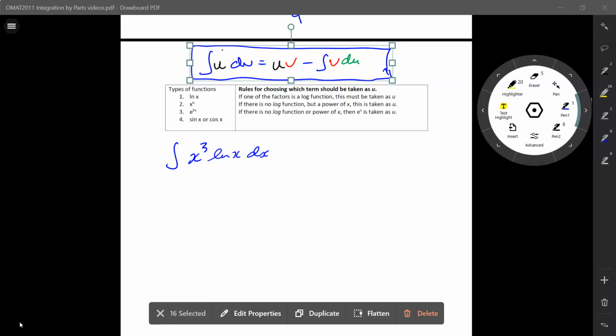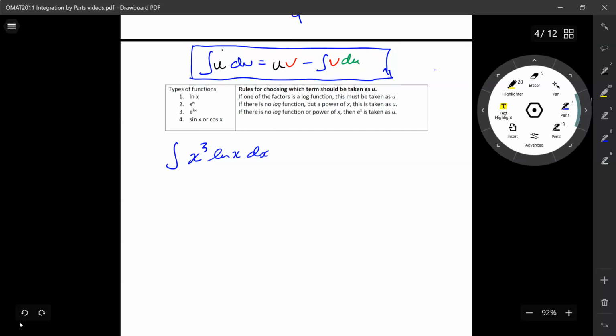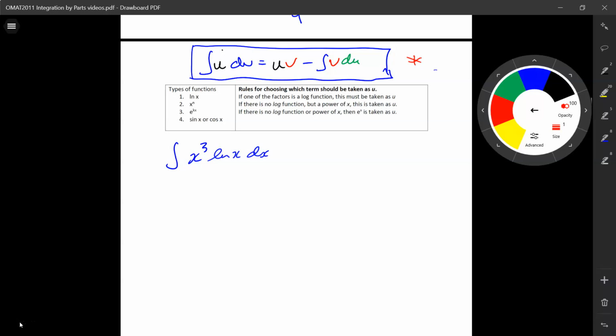This is the last question which we'll do of this type. And basically we have a product of x cubed times the log of x. We need to use this equation up here, integration by parts. So we need to determine what's u, what's v, what's du. So first of all, we follow a rule once again.